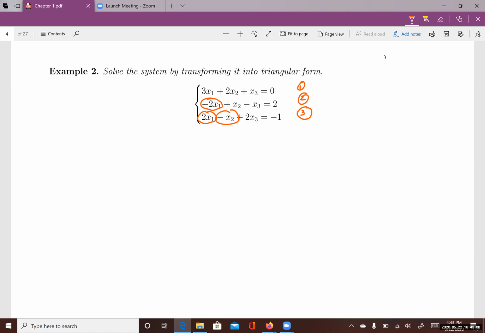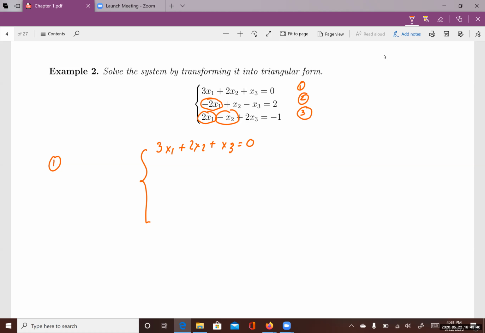I keep the first equation, which is 3x1 plus 2x2 plus x3 equals 0. And I need to transform the second equation. So my first operation is I take the first equation, subtract, so 3 and negative 2.